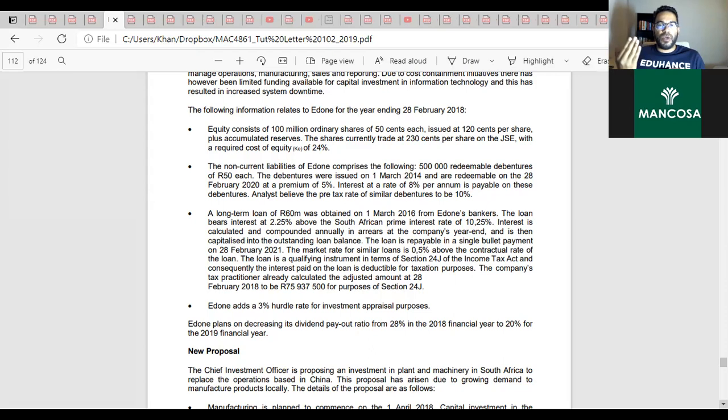So based on what the Woolworths board decides, whether Australia is more risky or less risky, they will adjust the general WACC rate for that risk. If it's less risky, they will reduce the WACC rate in Australia. If they perceive Australia to be more risky, they will adjust the WACC rate upwards. So that is basically a hurdle rate, where you adjust your general WACC rate. Okay, so just be aware of that.